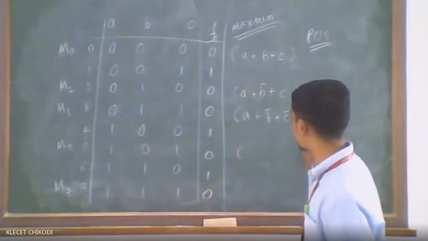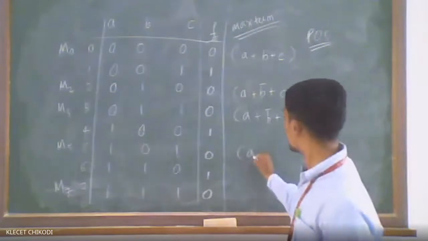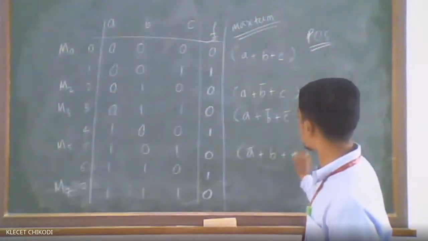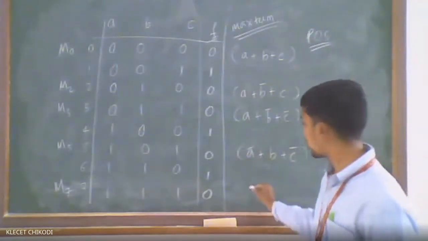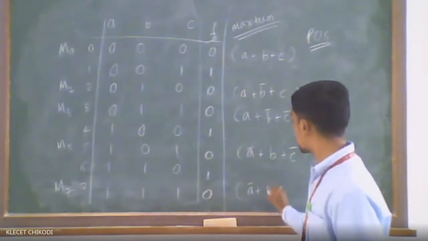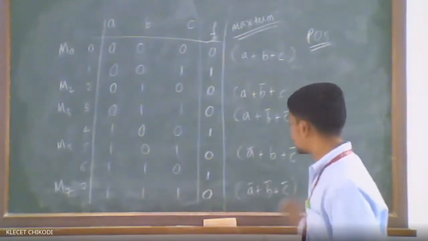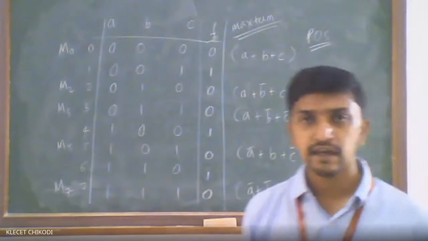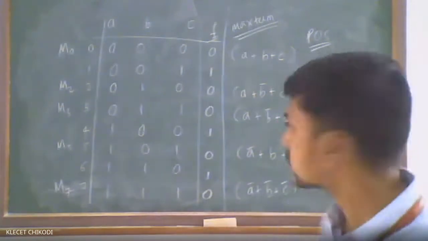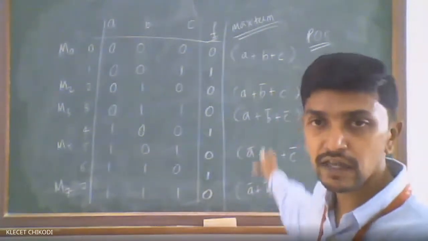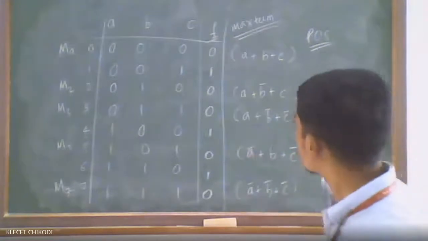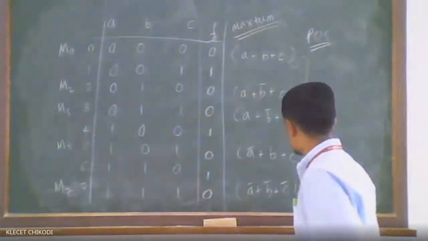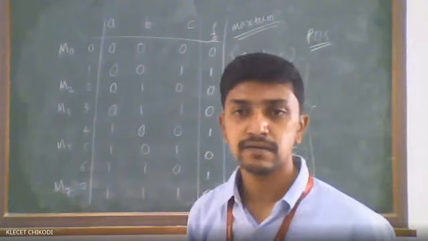Similarly for M5, it will be A bar plus B plus C bar. For M7, it will be A bar plus B bar plus C bar. Fine. So these are the max terms we have got, that is the sum terms. Now using these sum terms, can you write the Boolean expression?